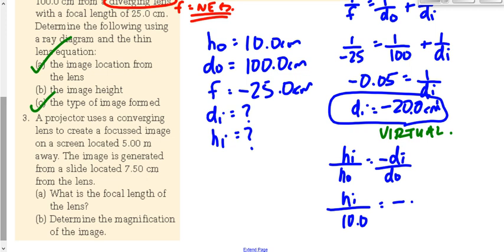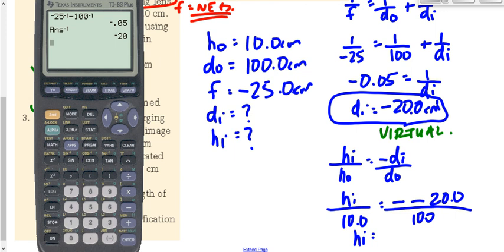Negative DI, once again, negative 20 over DO is 100. I think when we do the math there, it's going to work out to be 2, isn't it? Let's just check it here. Negative 20 divided by 100. And now let's times it by 10. Gives me 2.